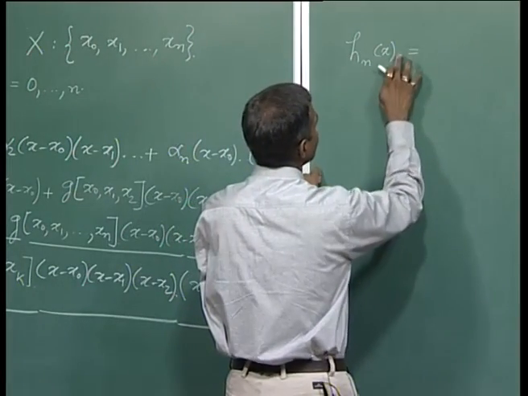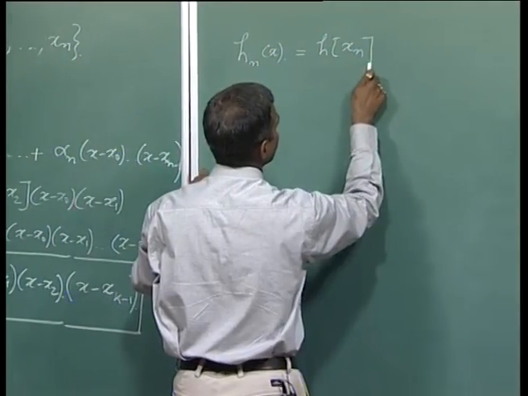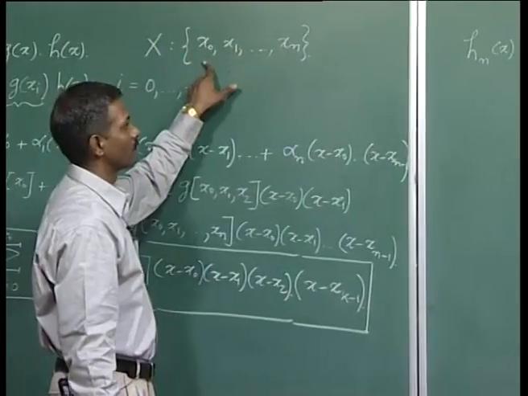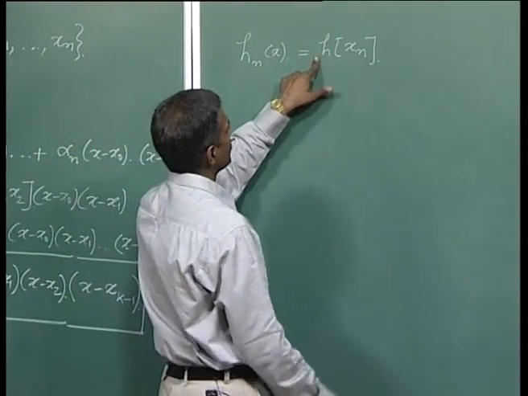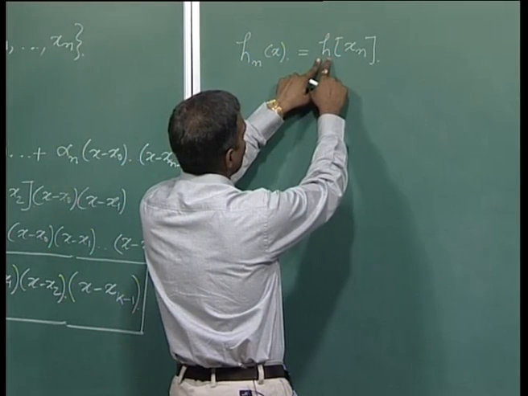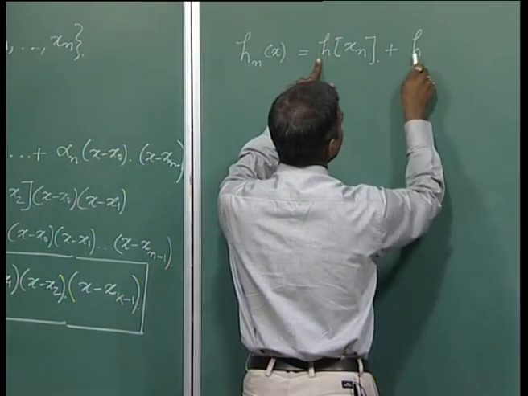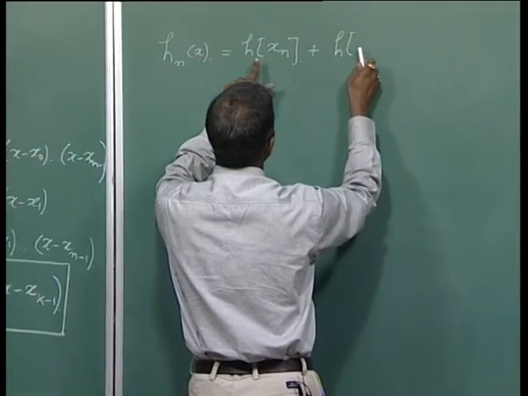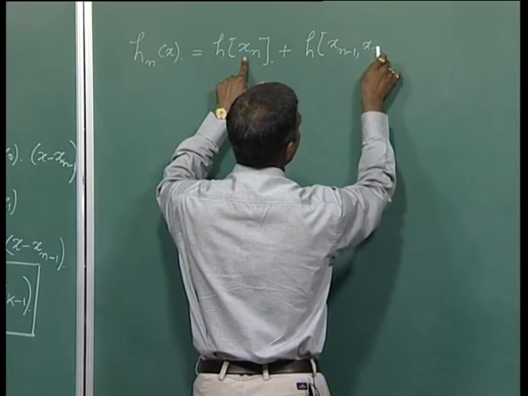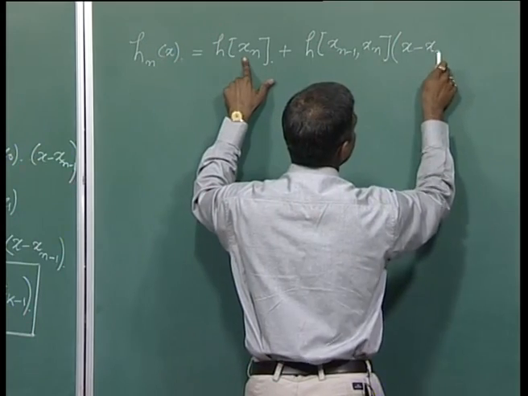This is equal to h of xn. We would want to be careful because we are working with the reversed order now. h of xn is the 0th divided difference, that is the value of h at x sub n, plus the first divided difference involving xn minus 1 and xn times x minus xn.